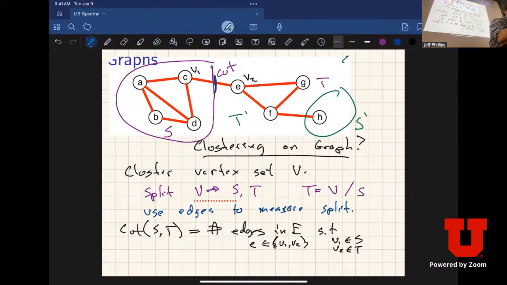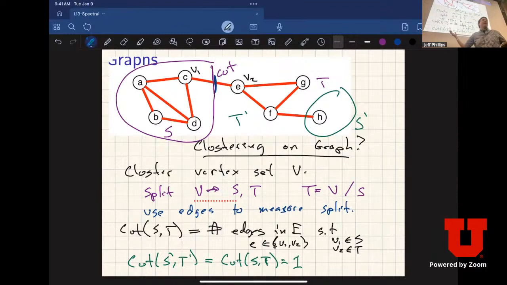And so I also have that the cut of S prime, T prime is equal to the cut of S, T. They're both equal to 1. So both that purple cut into S and T and the green cut into S prime and T prime go over exactly one edge.